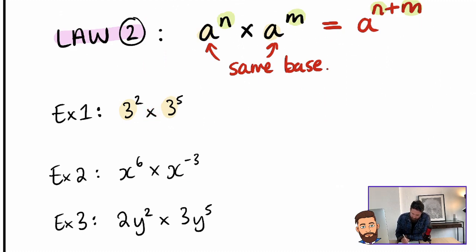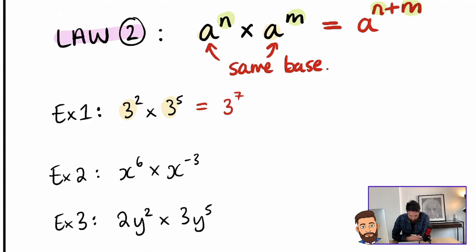Well, the rule says if you have the same base and you're timesing them, you keep the base the same and you add the powers. So what we're going to do here, and I'll explain why this is, we're going to keep the base as 3 and we're going to add the powers. So we're going to do 2 plus 5 is 7. So the answer to this is 3 to the power 7.